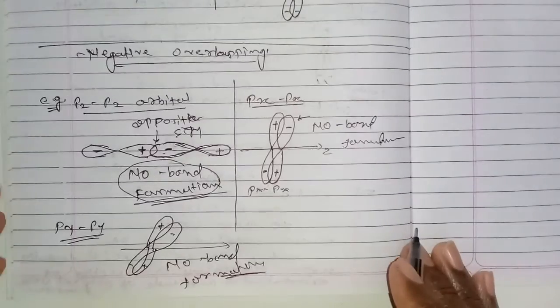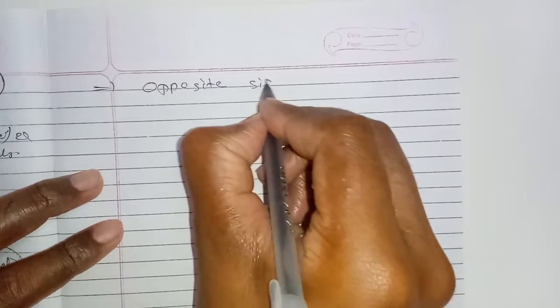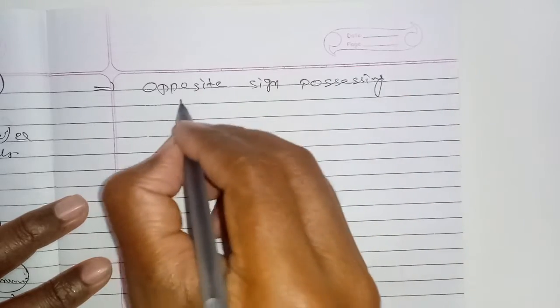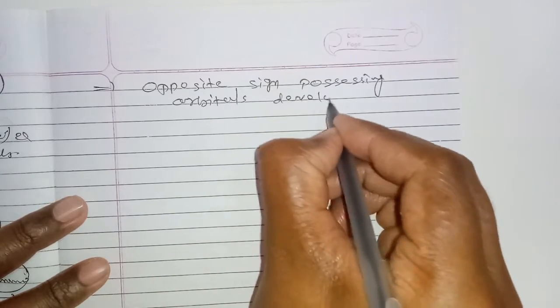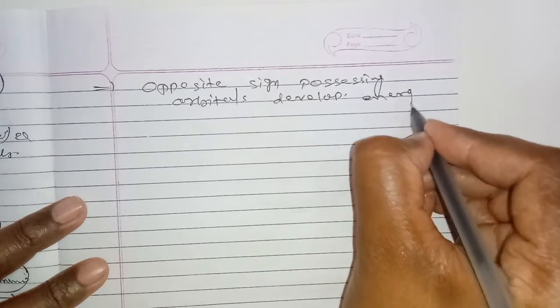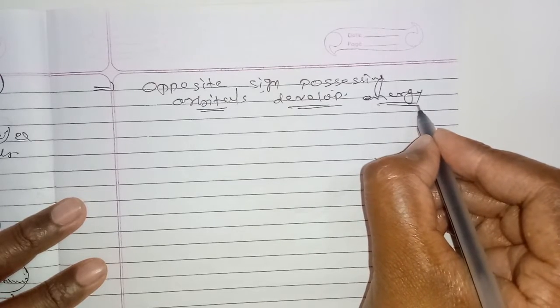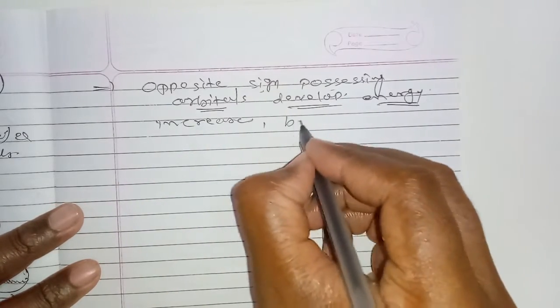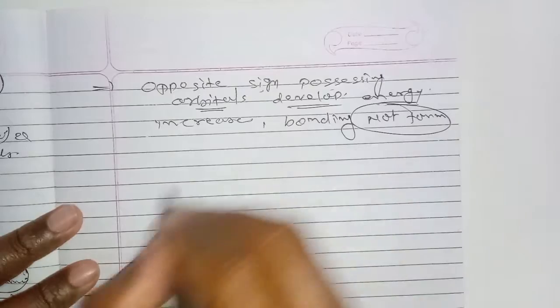It means that with opposite signs the energy of the orbitals increases, and the bond is not formed.